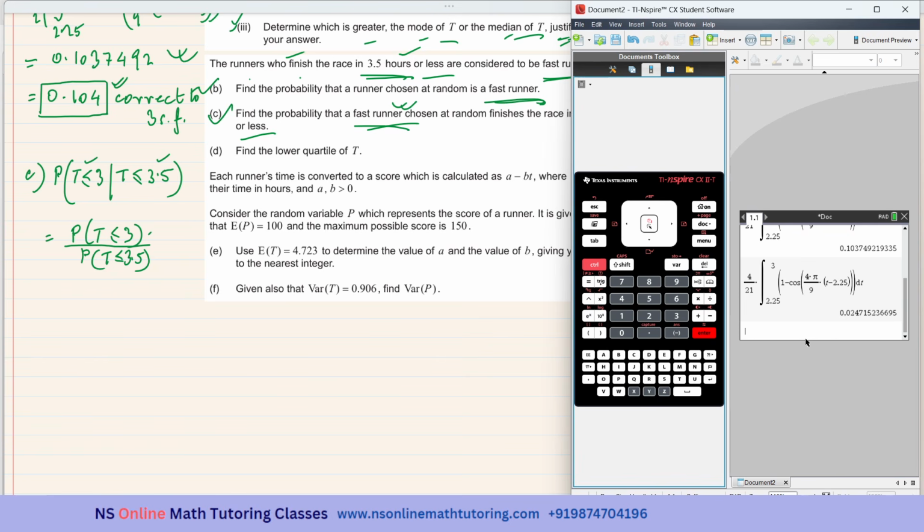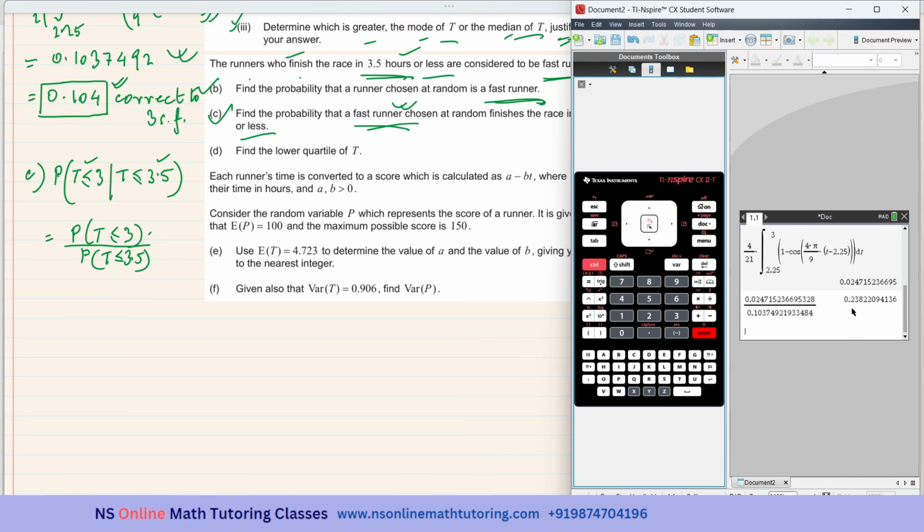Now I have to compute this conditional probability, and it is the answer for the numerator, and for the denominator, let me go to this one. Control C and I come over here, control V. I've got 0.1037 and all. Okay, so now enter. So it is 0.238.